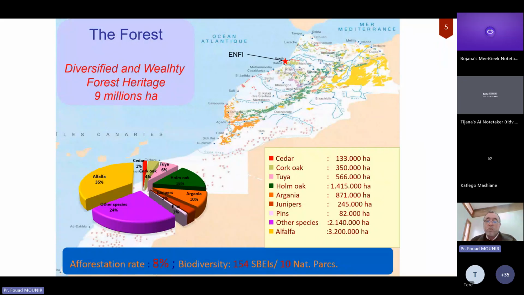We also have some junipers, pines, alfalfa, and other species that come from afforestations. For afforestation rate, we have about 8% of the country which is afforested. And we came in with a policy that tried to preserve biodiversity by creating more than 154 sites of biological and ecological interest, and more than 9 national parks.